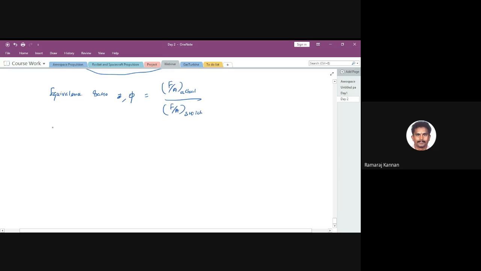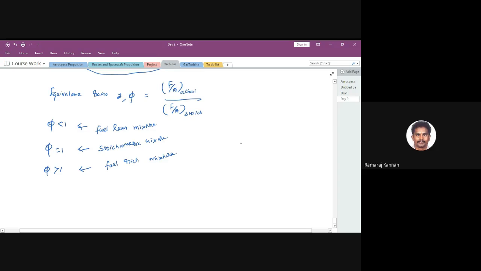If phi is less than 1, it is called a fuel lean mixture. If phi is equal to 1, we call it a stoichiometric mixture. And if phi is greater than 1, we call it a fuel rich mixture.